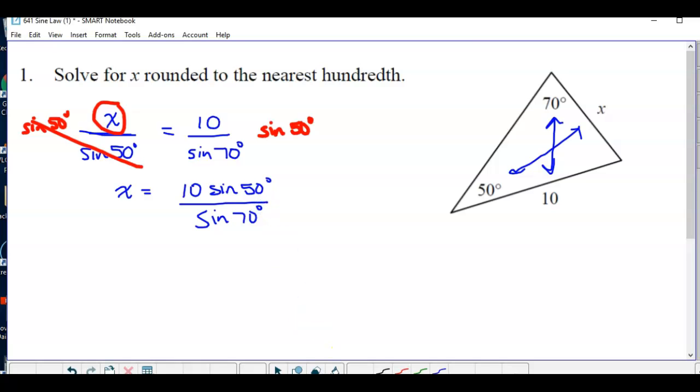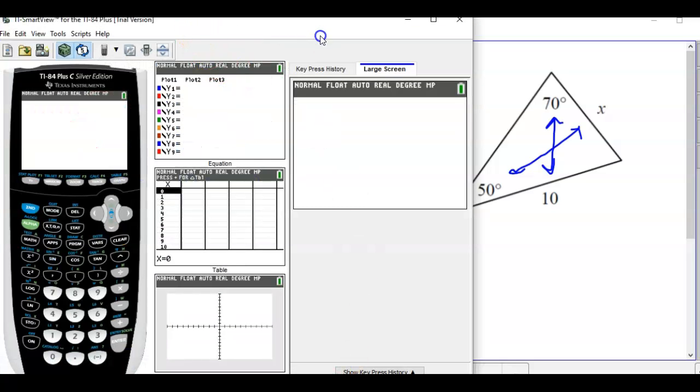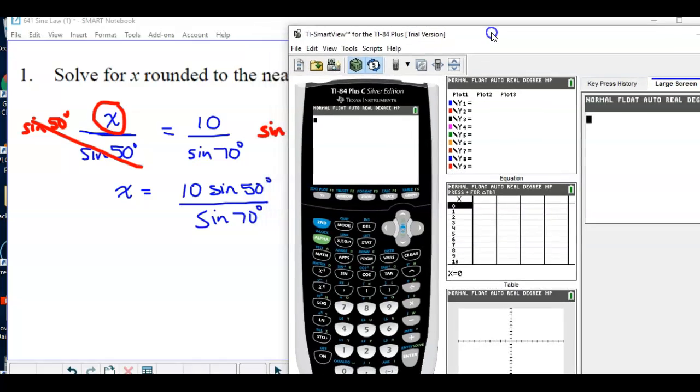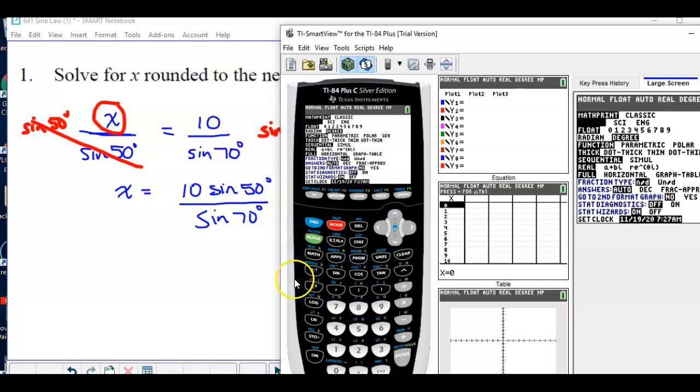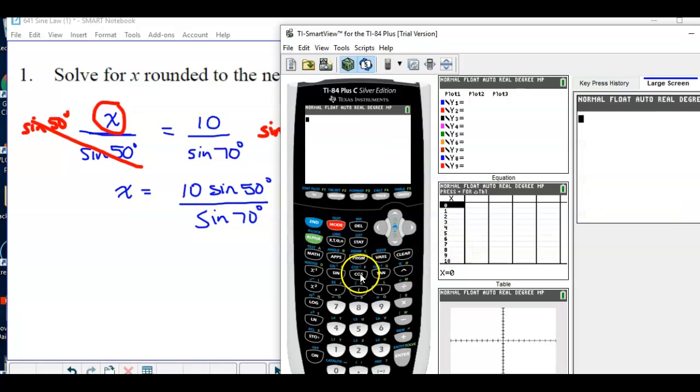So get your calculator out. Turn it on, check your mode key. Is it in degree mode? If it isn't, then go down to degree and select it. Quit out of that. I find the fastest way, this is 10 times sine of 50 divided by sine 70.